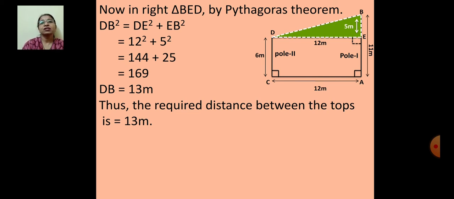Substitute the values. 12 square plus 5 square, that is 144 plus 25, that is equal to 169. Taking square root on both the sides. So square root of 169 is 13 meter. Thus the required distance between the tops is 13 meters.